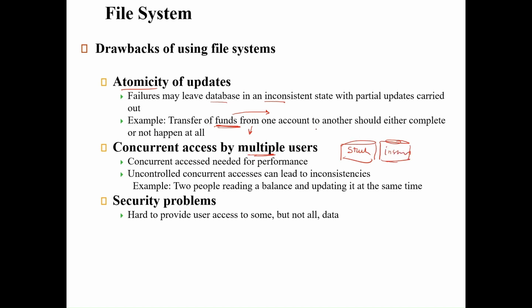When we access the data through application programs and do transactions, concurrent access by multiple users was difficult, because if we give this facility of concurrency, it may lead to the data going into an inconsistent state. So two people reading a balance and updating it at the same time is difficult in a file system.